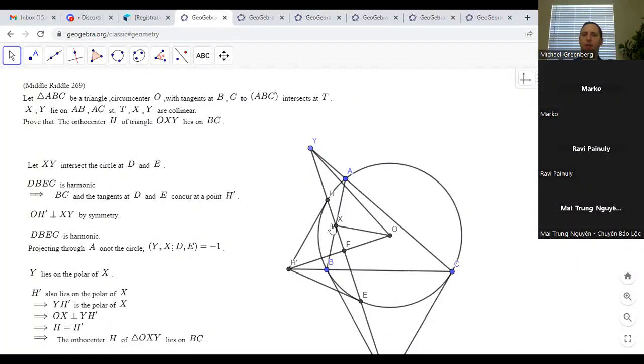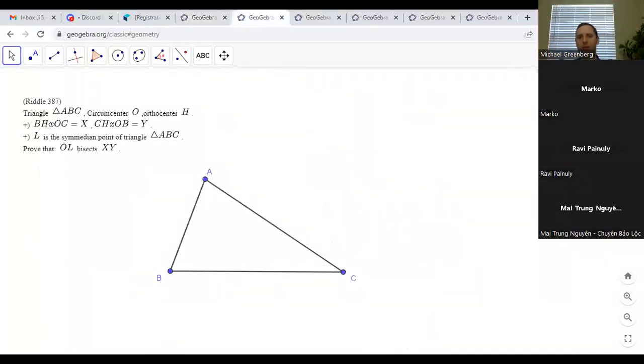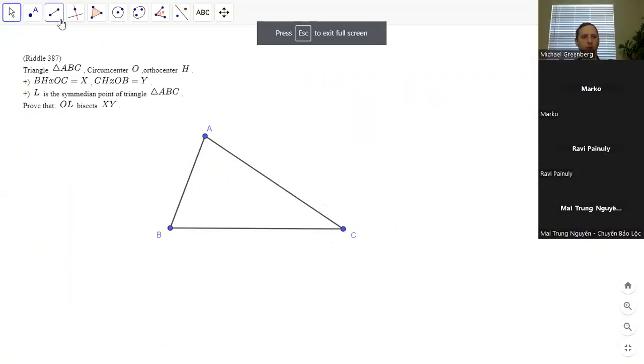So saying X lies on the polar Y, I think the only way to say it is just that X lies on the polar Y, or Y lies on the polar X. The problem with saying that they're conjugate is that there's usually only one point that's the conjugate. But there's infinitely many points that lie on the polar of X and Y. So that's why I wouldn't use that word, but yeah, I guess people would probably understand what you meant.